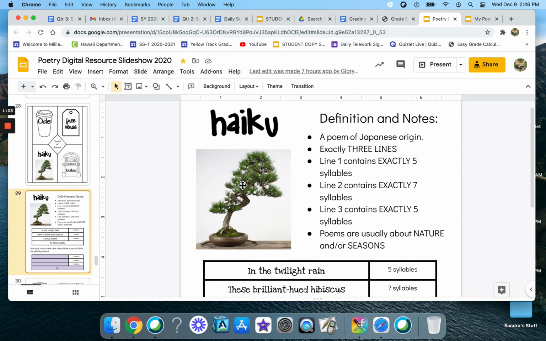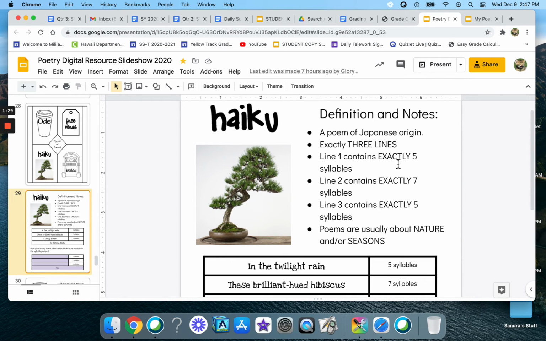Okay, so slide 29 is talking about a haiku, and this is the definition and some notes. A haiku is a poem of Japanese origin. This poem is exactly 3 lines, not 4 lines, not 2 lines, not 1 line, exactly 3 lines.